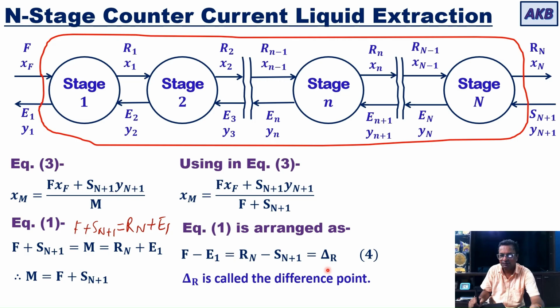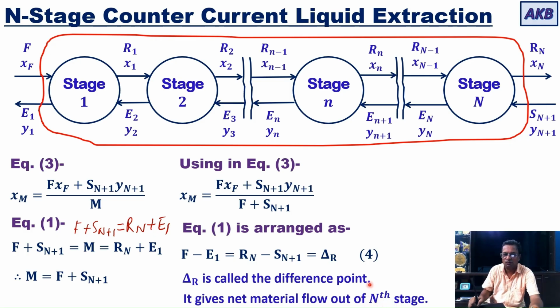Since it is giving the difference in the flow rates at the two ends, this is called the difference point. Delta R gives the net material flow out of nth stage. So if you consider this end, the difference Rn minus Sn plus 1 gives the net material flow out of nth stage.